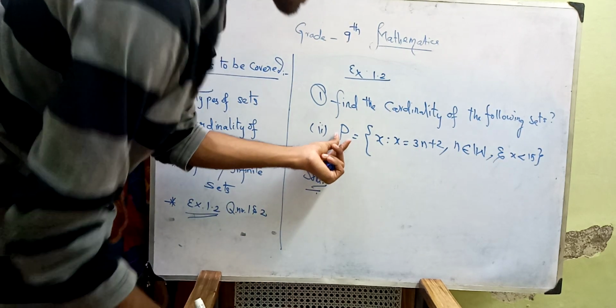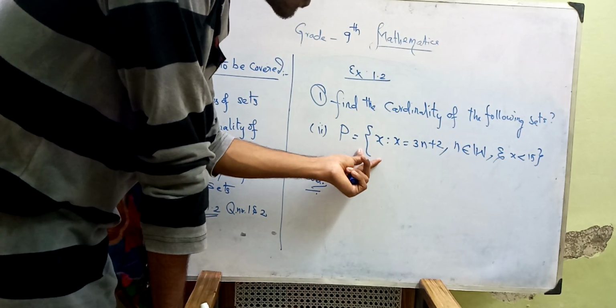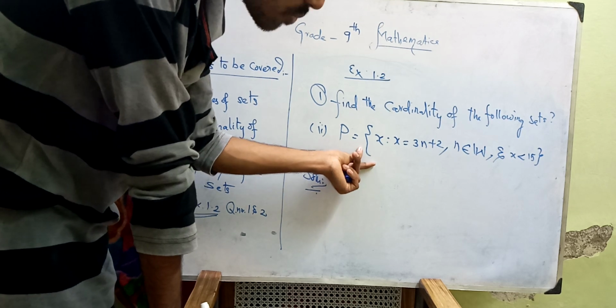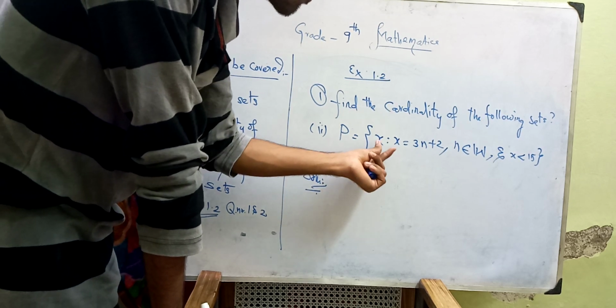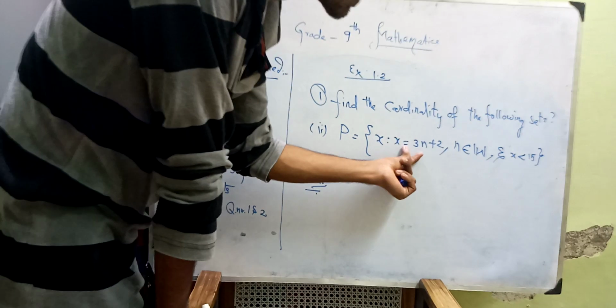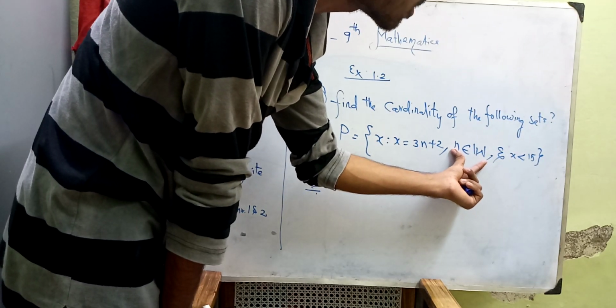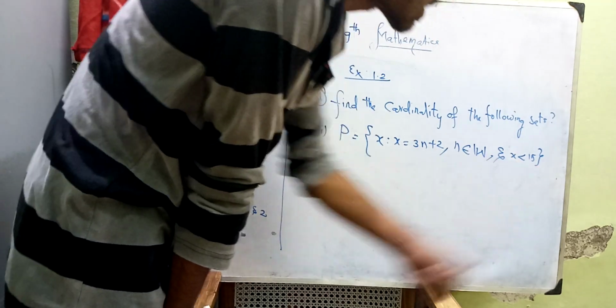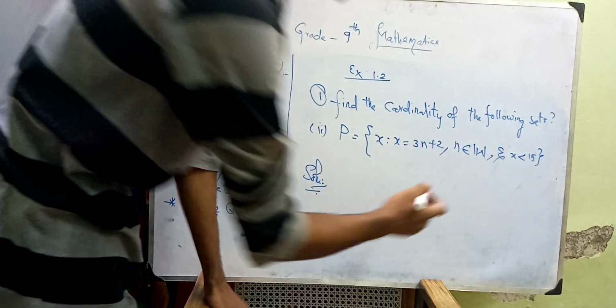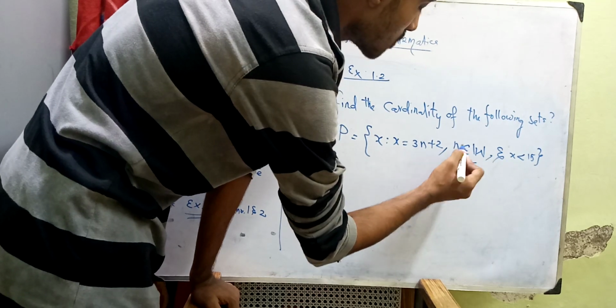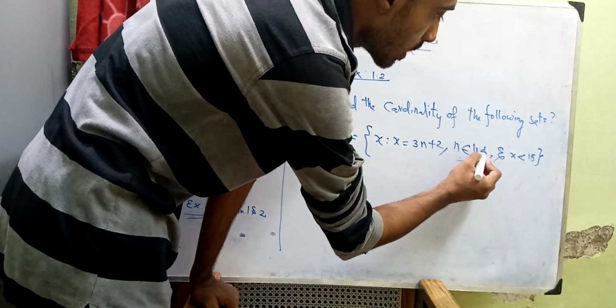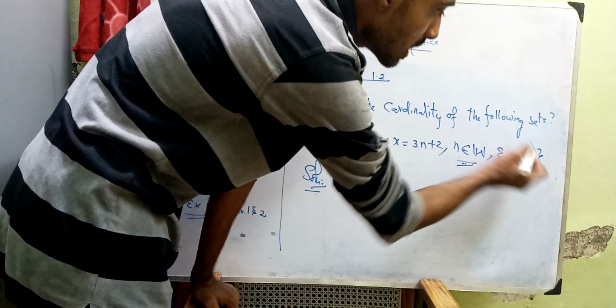So the given set is P equal to the collection, or you can also use the word set, of all X such that X is equal to 3n plus 2, where n is taken from whole numbers and X has another condition. There are two conditions here. Whatever n we choose is taken from the whole numbers, and X should be less than 15.